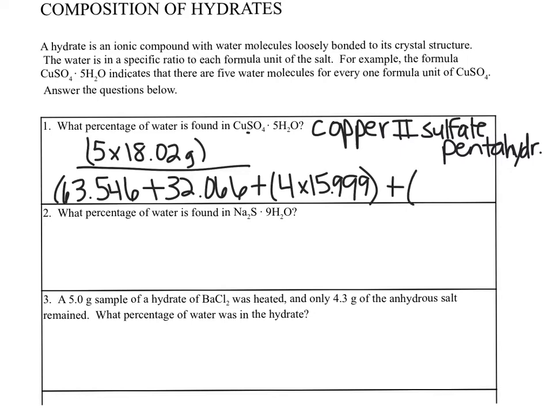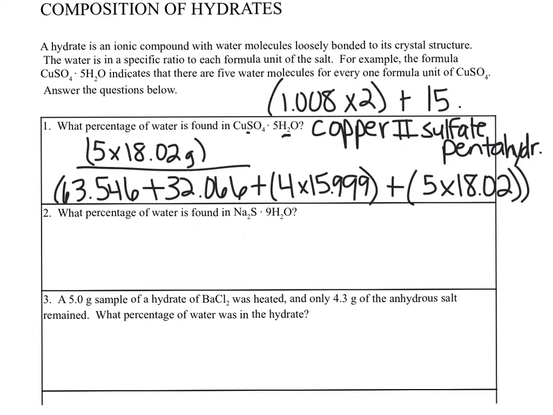Plus that 5 times water's molar mass, which, just a friendly reminder, this 18.02 is coming from 2 hydrogens at 1.008 plus 1 oxygen at 15.99. So I gave you guys permission to just round it to 18.02.